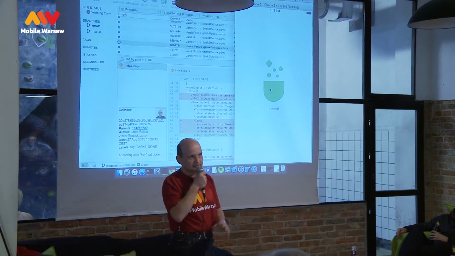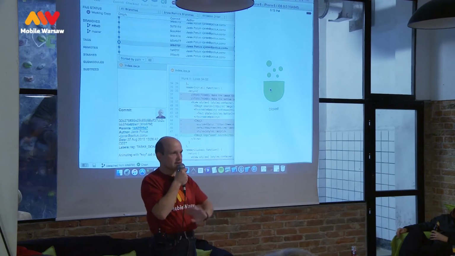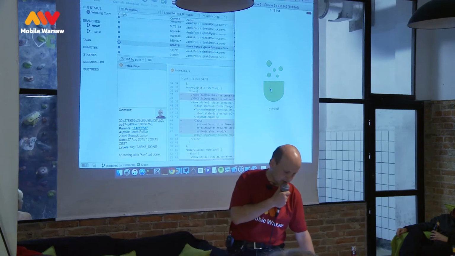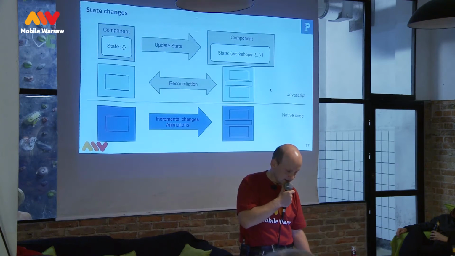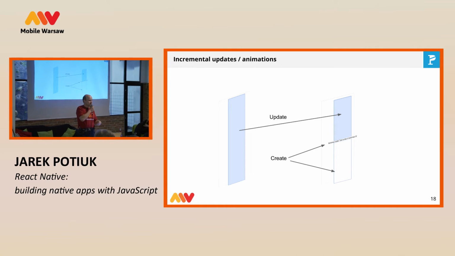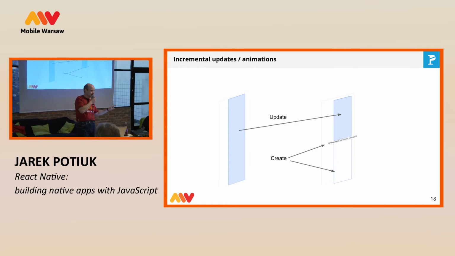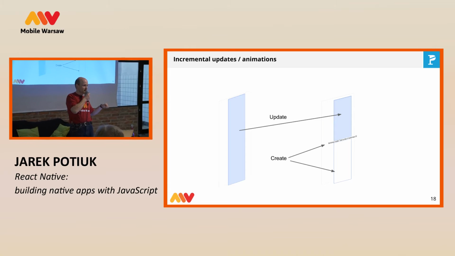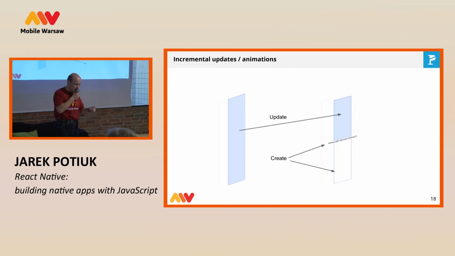So this state transition I didn't do. It was done for me by React Native, and that's the cool thing about that. It knows when things are changing. It knows when things are created. It doesn't yet know when things are disappearing. It is in the code, it doesn't work. So you cannot animate things disappearing in a very easy way. You still can do that, but not in such an easy way.